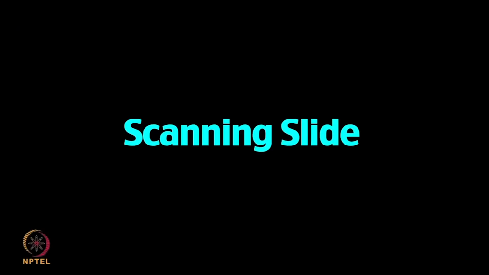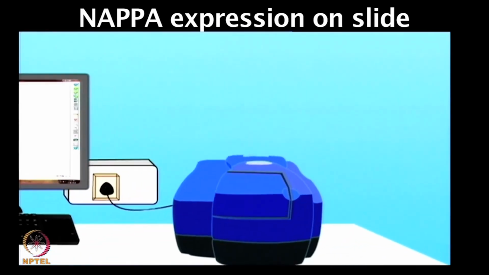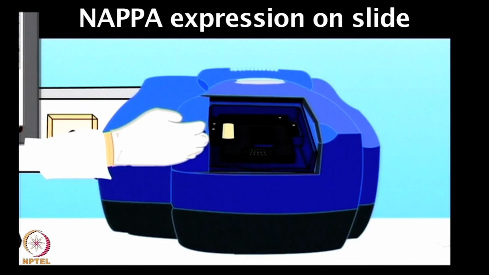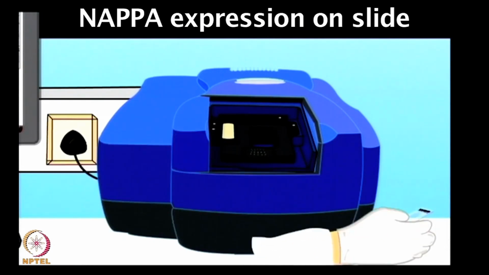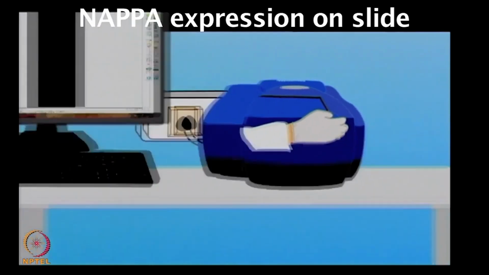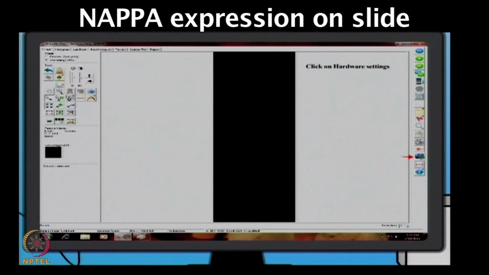Now, we will see an animation for scanning slides. Whether you have done the QC experiment of DNA detection or protein expression, now you need to scan the slides. There are different types of scanners available, including automated ones, where multiple slides can be scanned in an automated way.